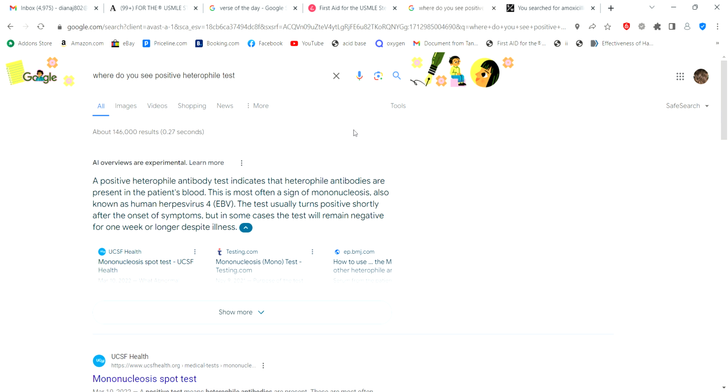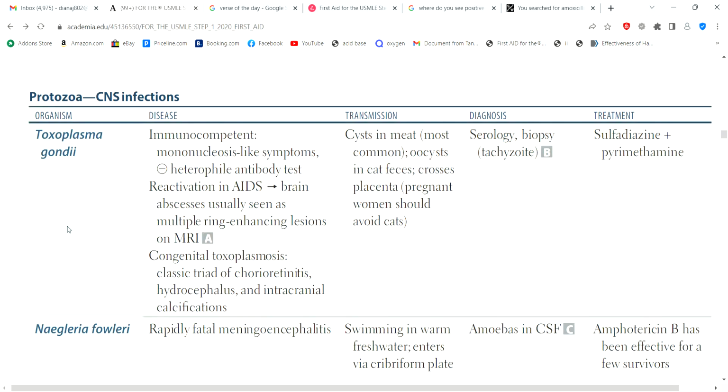So in Epstein-Barr virus, you have a positive heterophile test, and in Toxoplasma gondii, you have a negative heterophile antibody test.